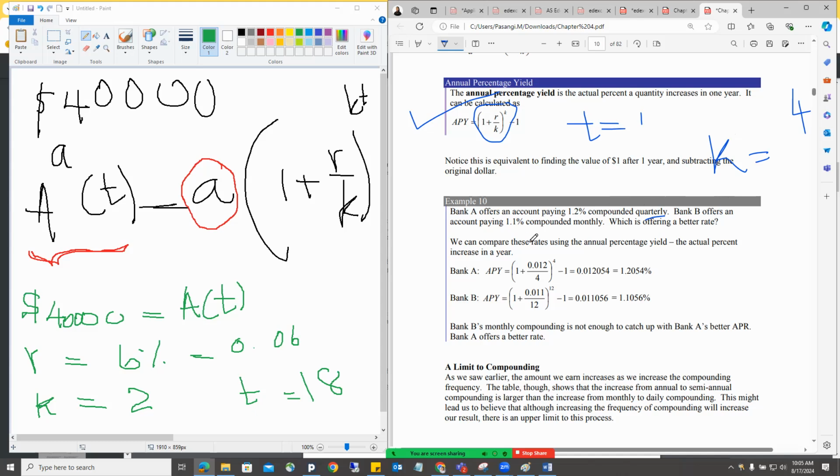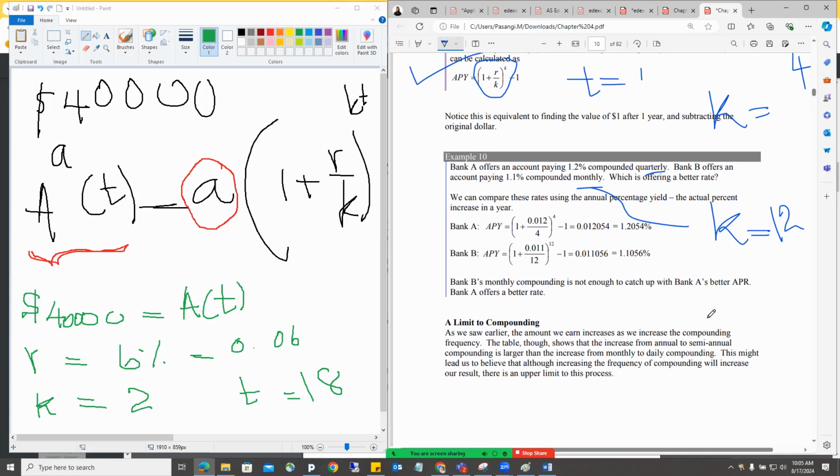If it is monthly, then per year we have 12 months, so the value K is equal to 12. Okay, is it clear? You just do the question.